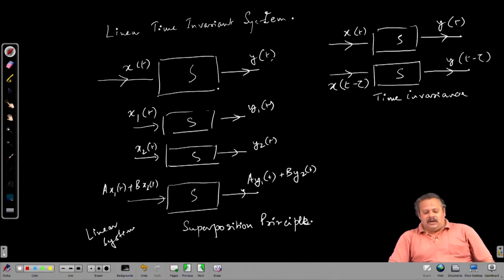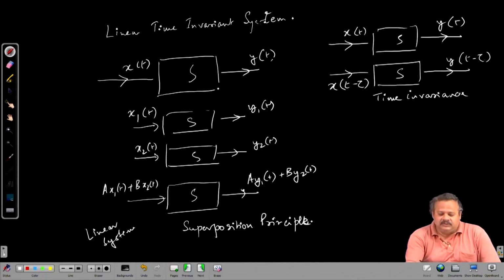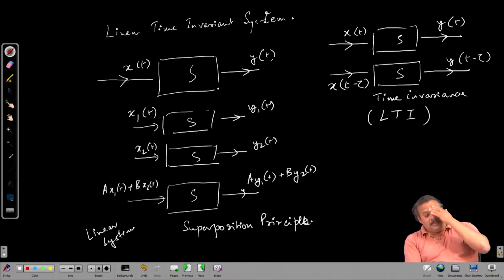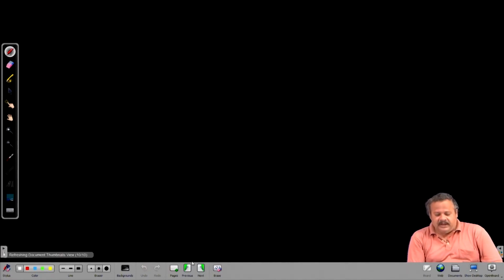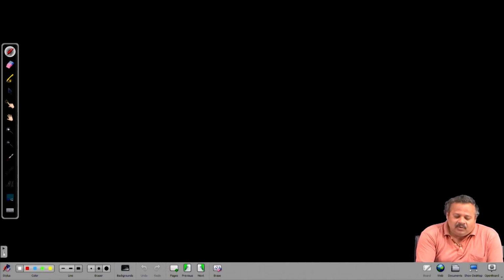And a system that follows both the superposition principle and time invariance is what we call an LTI system, or linear time invariant system. Now, the advantage of an LTI is that we can completely describe the system.